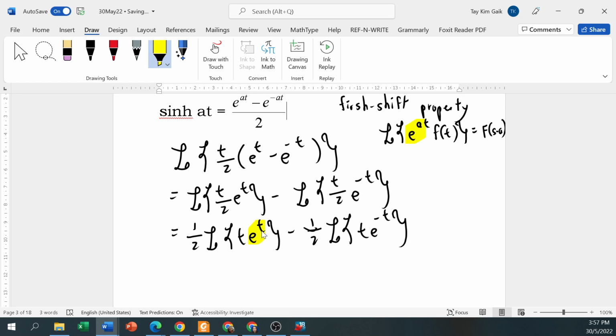So here I have e^t and this e^(negative t). So we look at the first term first: the Laplace transform for t e^t. T e^t. Then what else?